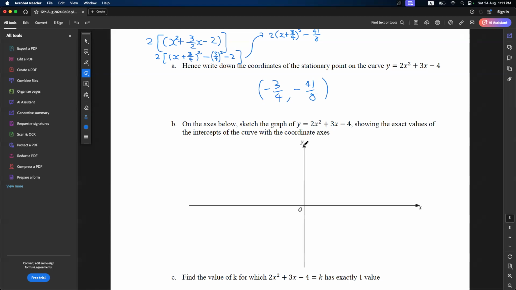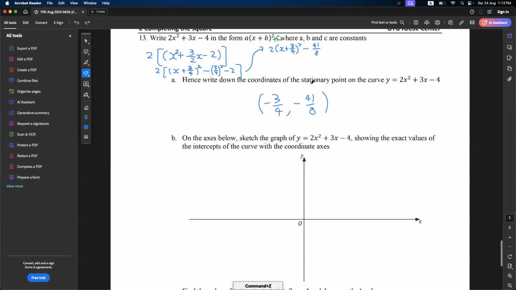What does this tell you? The stationary point, at the very least, we draw like this. It should be around here, right?